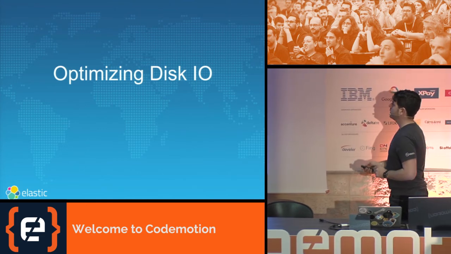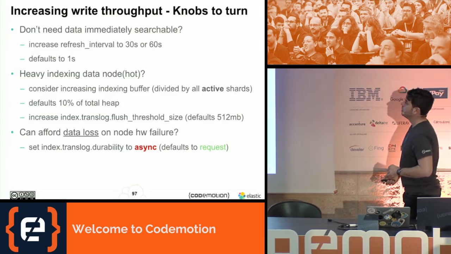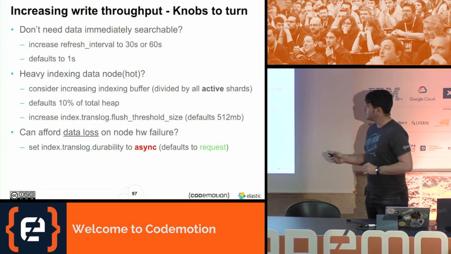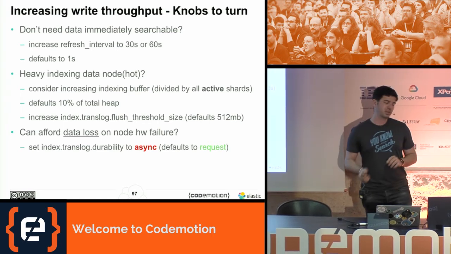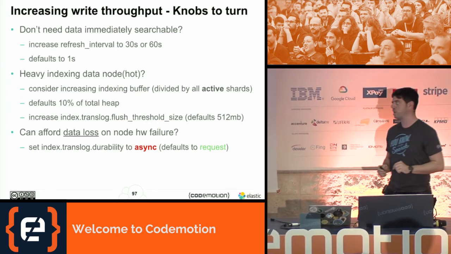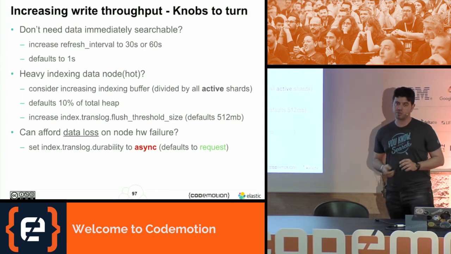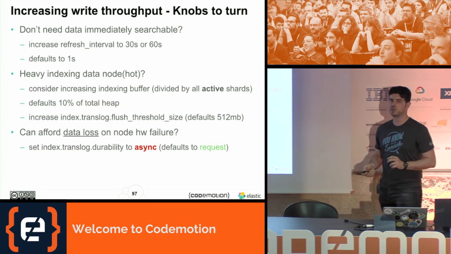So some final tips on disk I/O optimization. So we've seen this refresh interval parameter, that defaults to 1 second, and that's why we call Elasticsearch a near real-time search engine. That gives Elasticsearch the frequency on how often Lucene segments are created.